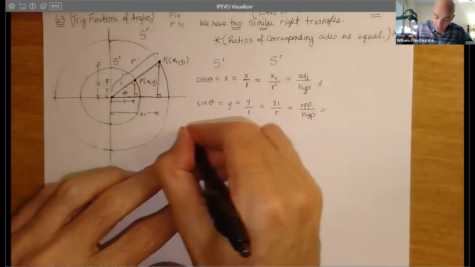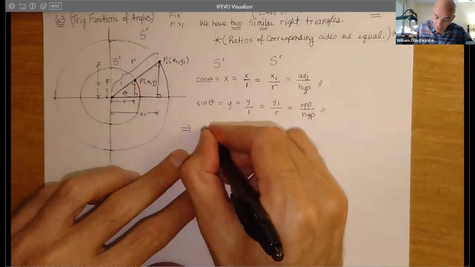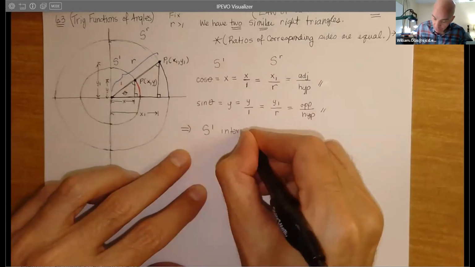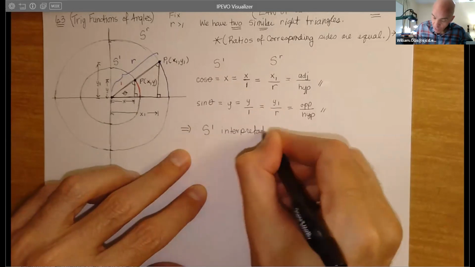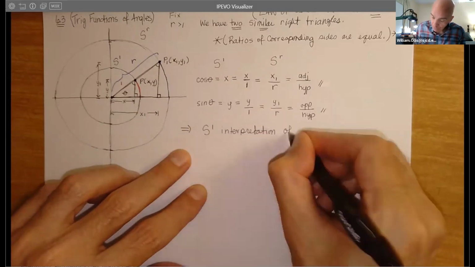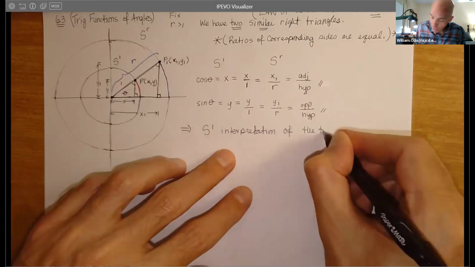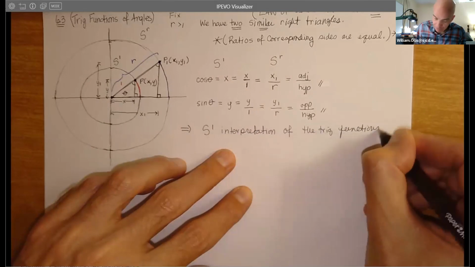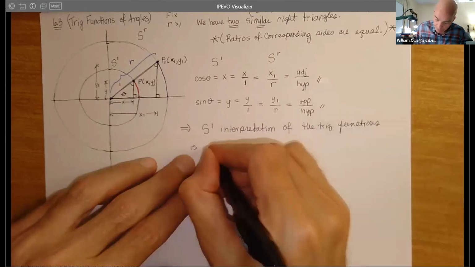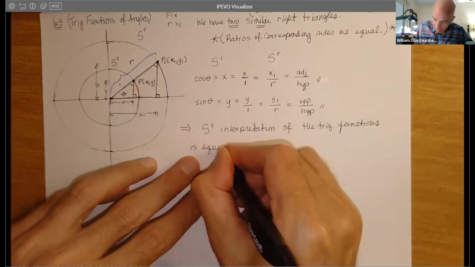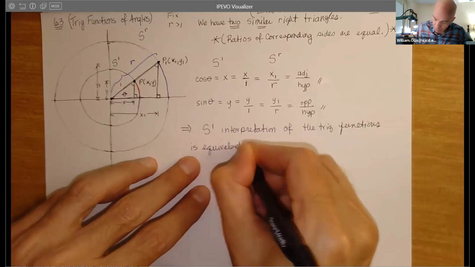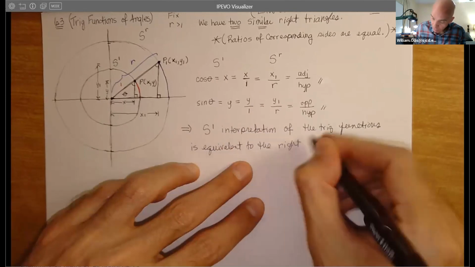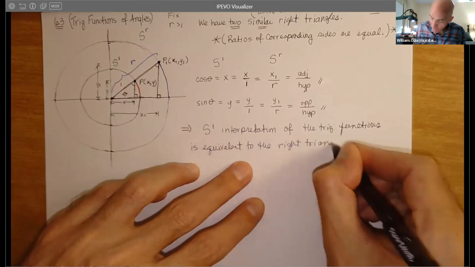So this implies the S1 interpretation of the trig functions is equivalent to the right triangle interpretation.